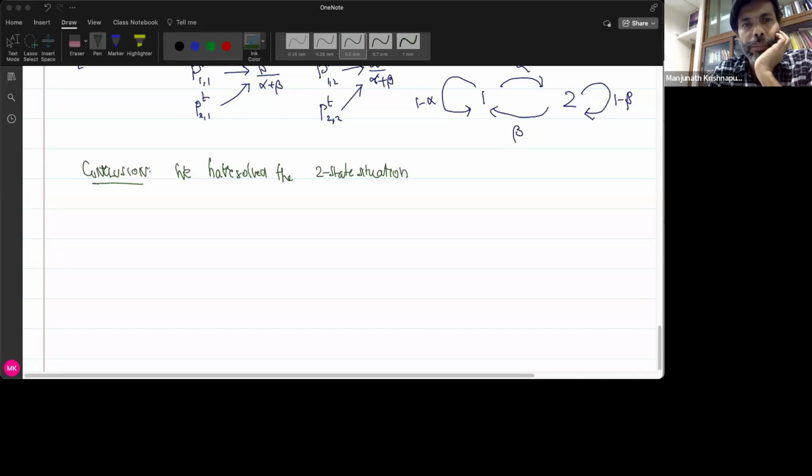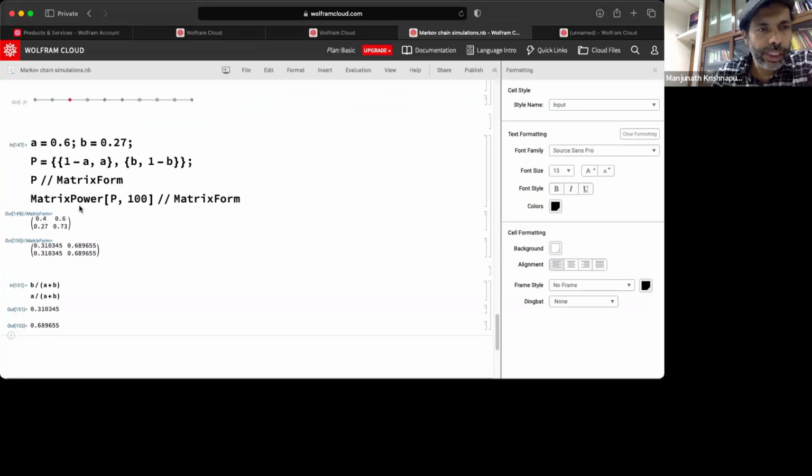Okay, and then: it looks like the transition matrix P should be at least singular. That is not necessary. The matrix does not have to be singular. In these cases, this matrix is non-singular. So you look at this matrix, what is the determinant of P? I am showing you on this simulation.